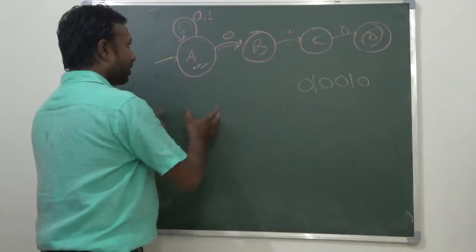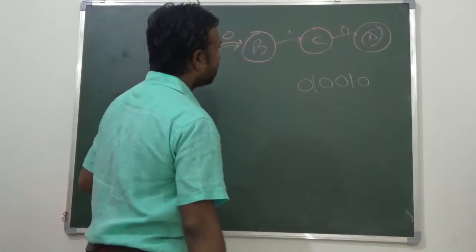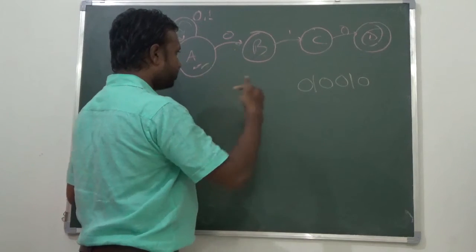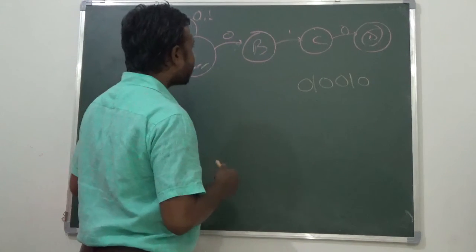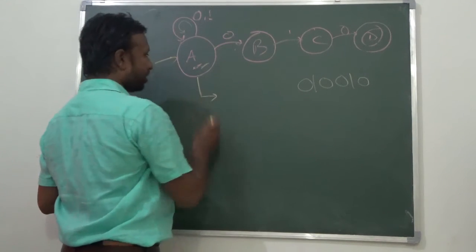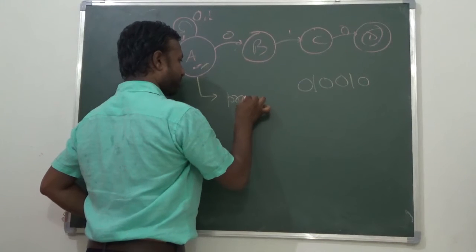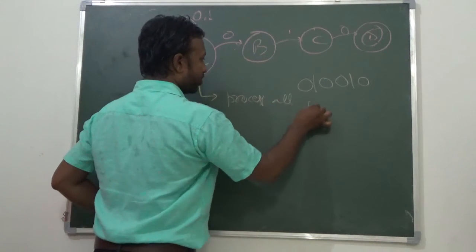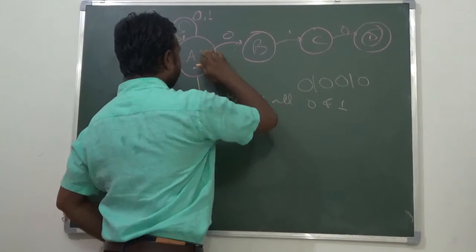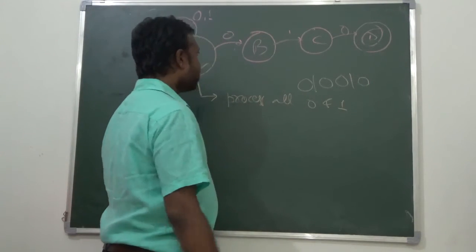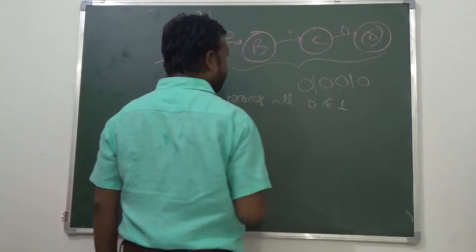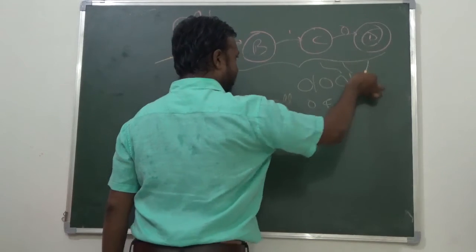Now if we again look at this particular NFA, what we realize is that if this state processes all the 0 and 1, then what are these other states processing? These states are processing nothing but the last three symbols.